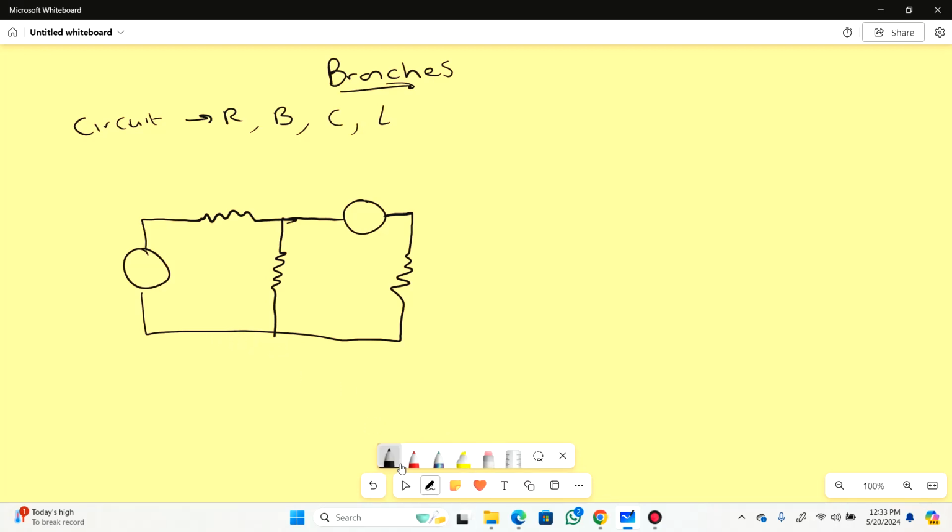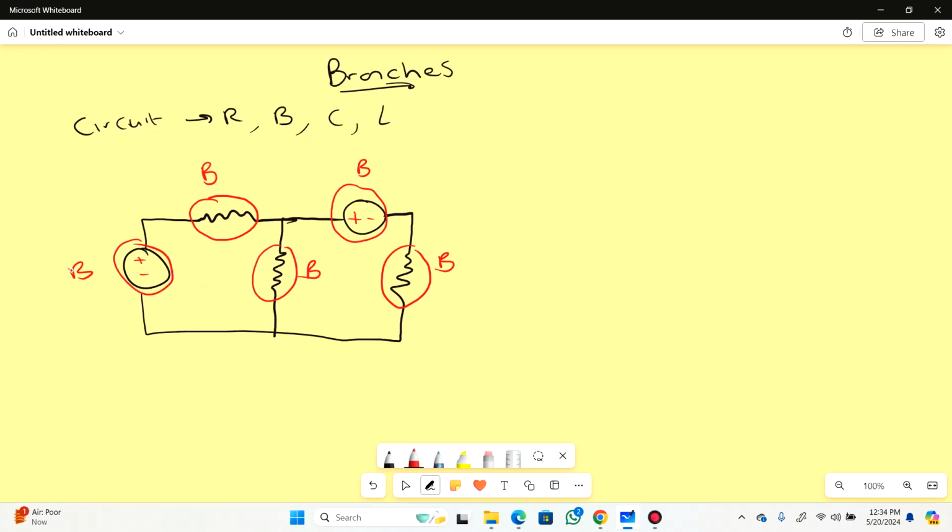If you notice, this here is my branch. Remember we said a branch is a circuit element, so this is a circuit element, hence it is a branch. This here is a branch, this here is a branch, and also this one here is a branch.